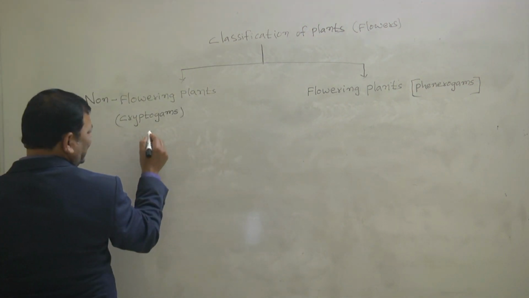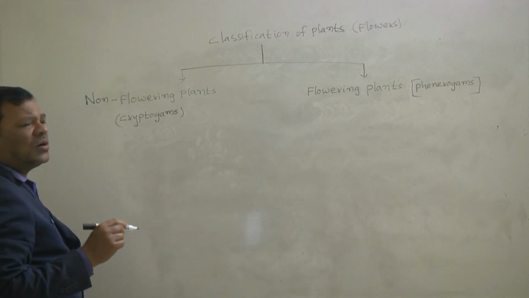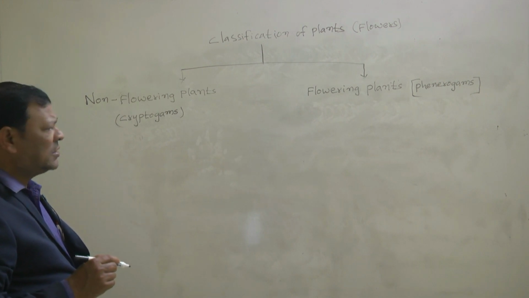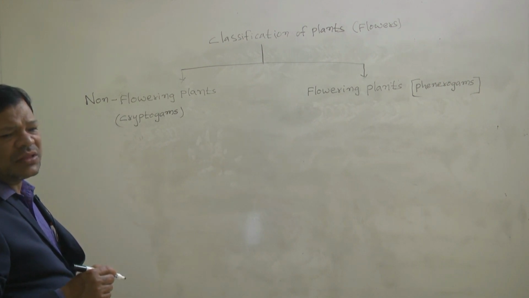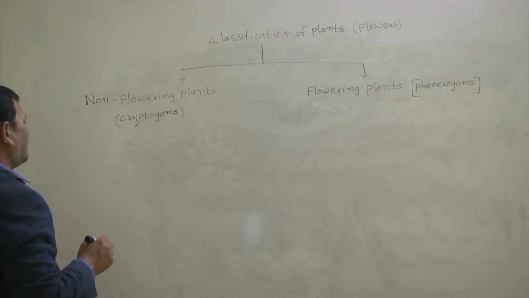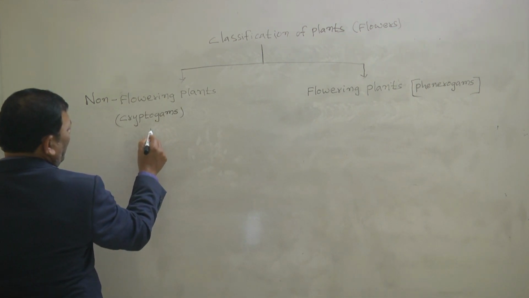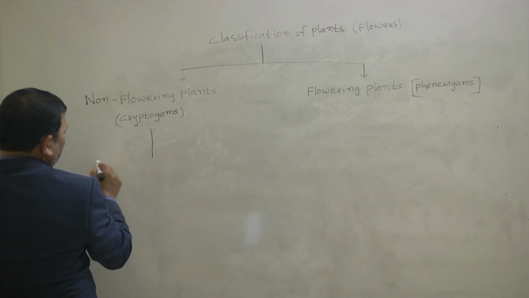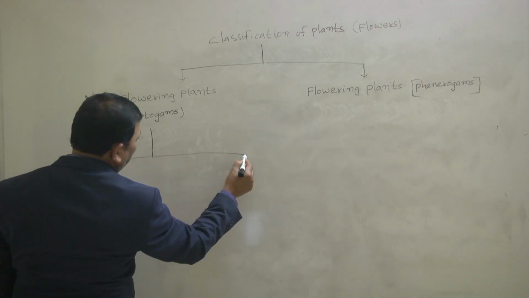Non-flowering plants do not have flowers. They reproduce by asexual reproduction, and their body is designed differently.